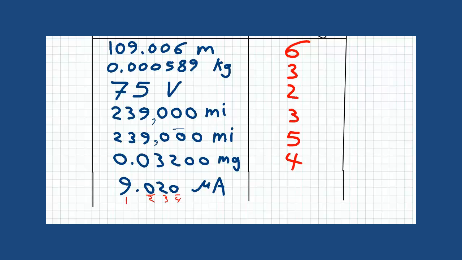So we must count them all. So we have here an accuracy of 4 for this measurement. I hope by these examples that it is now clear for you how to find the number of significant digits in any measurement, which we call in this lesson the accuracy.